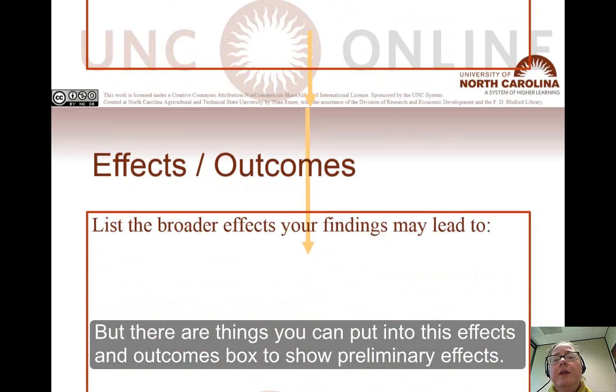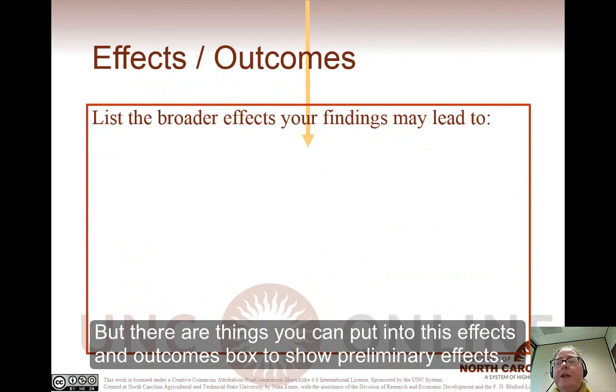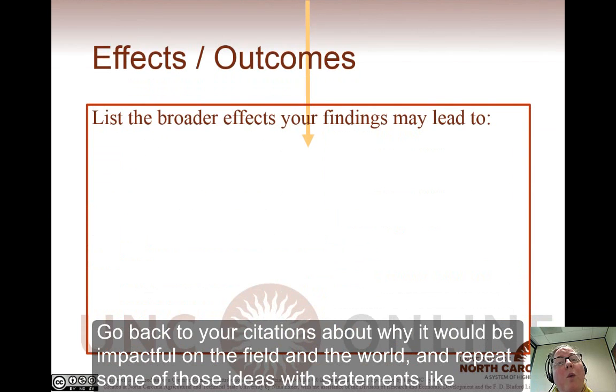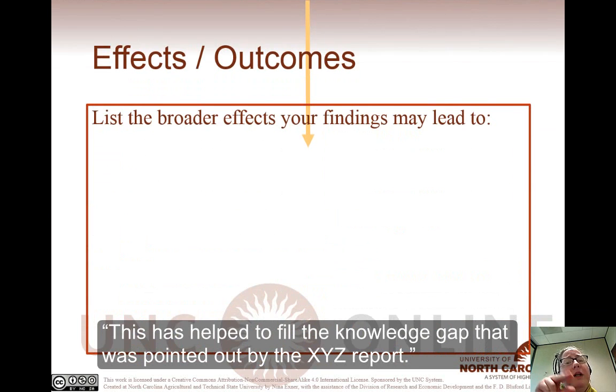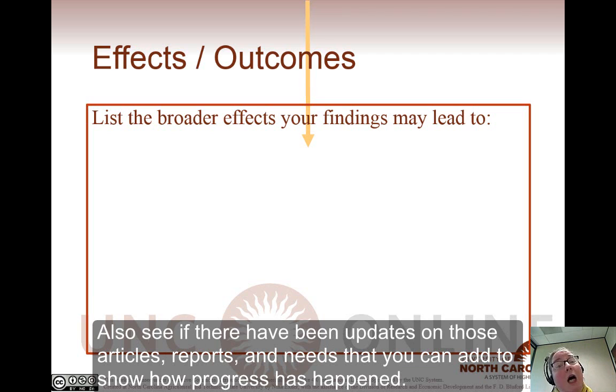But there are things you can put into this effects and outcomes box to show preliminary effects. Go back to your citations about why it would be impactful on the field and the world, and repeat some of those ideas with statements like, "This has helped to fill the knowledge gap that was pointed out by the XYZ report." Also, see if there have been updates on those articles and reports and needs that you can add to show how progress has happened.